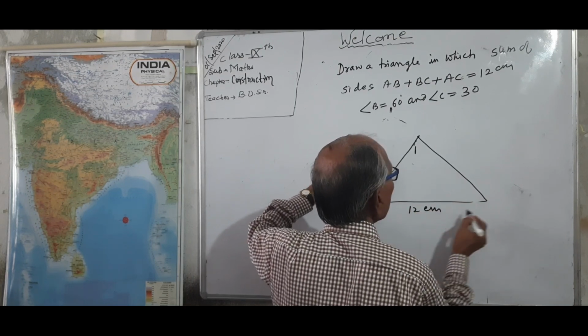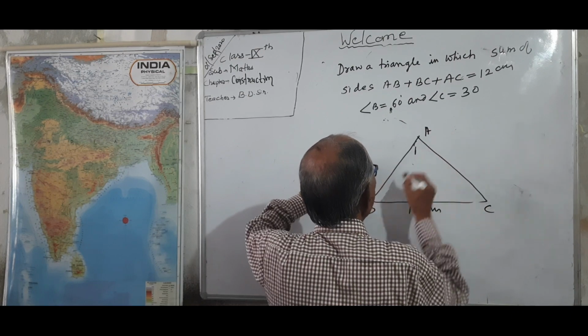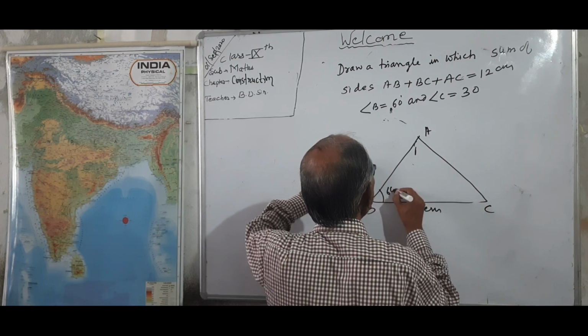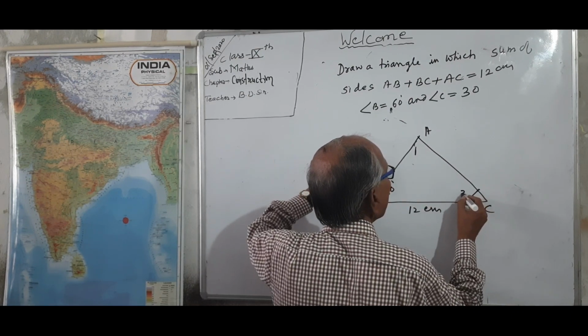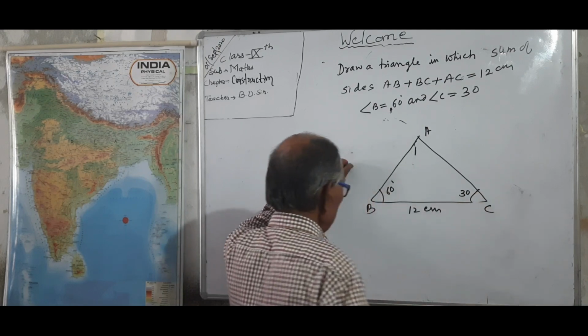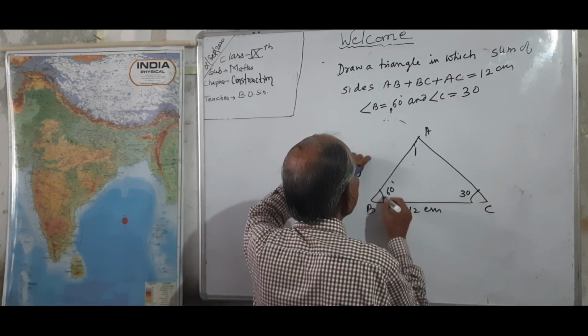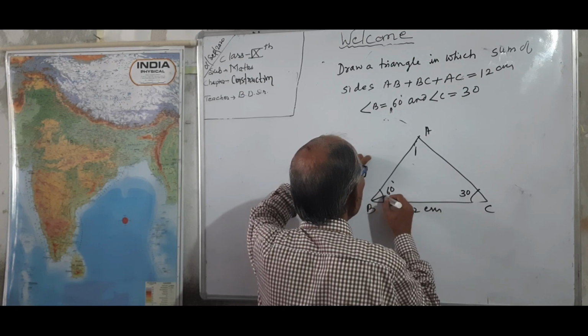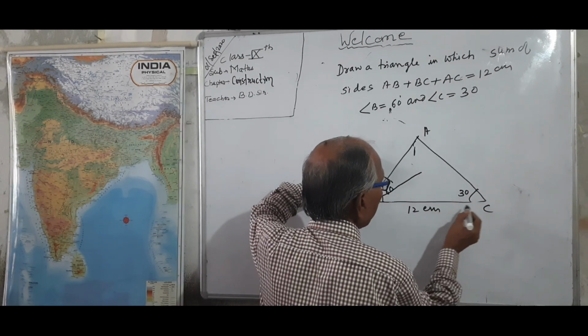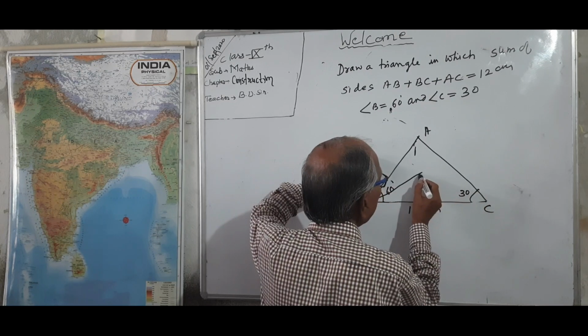This is BC and this is A. Here is angle 60 degree and this is 30 degree. And now we have to bisect this angle 60 degree also. And we have to bisect angle 30 degree also.